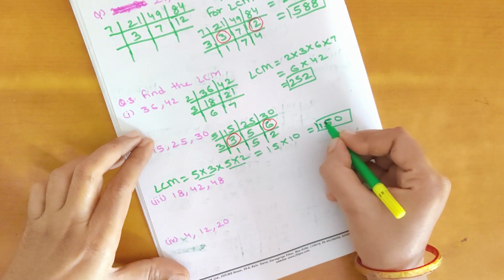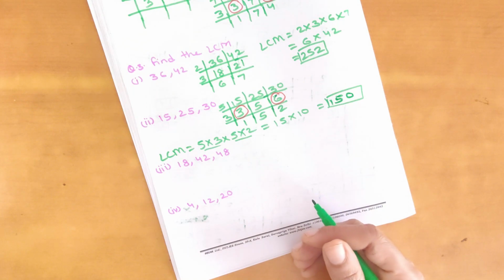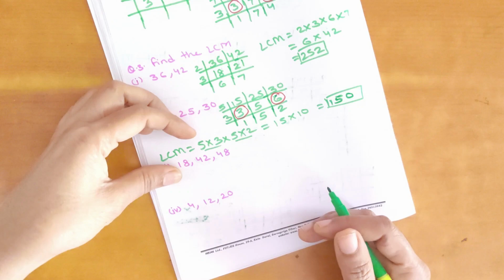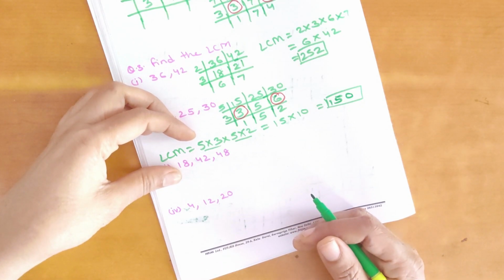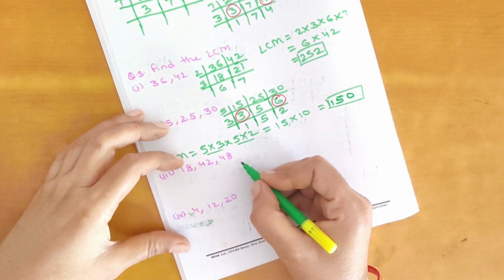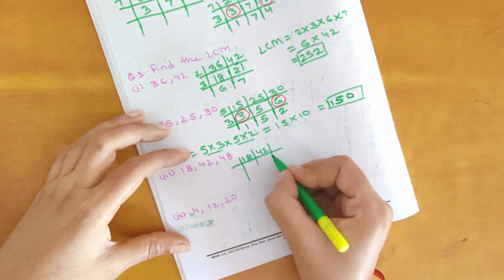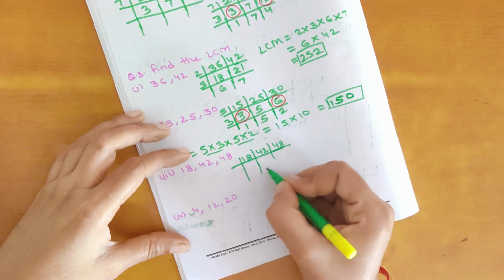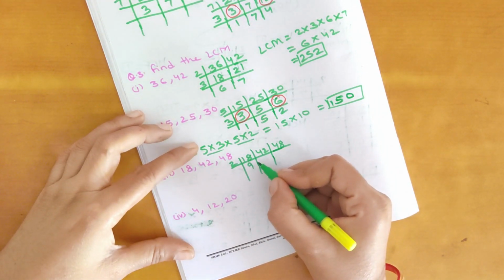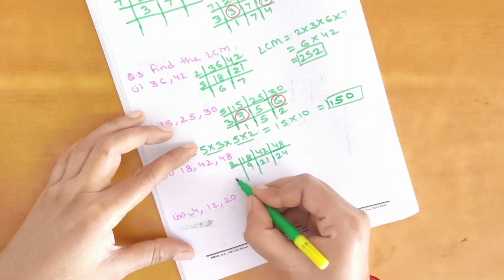Now the next question it is given: 18, 42 and 48. Okay, so let us do 18, 42, 48. All are divisible by 2. So 2 9s are 18, 2 21s are 42, and 2 24s are 48.